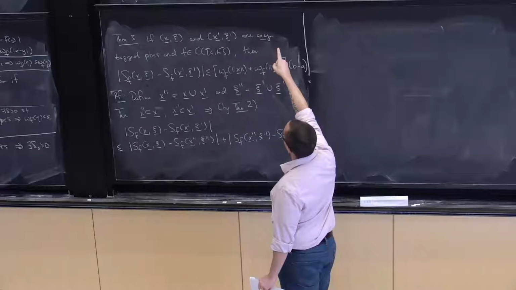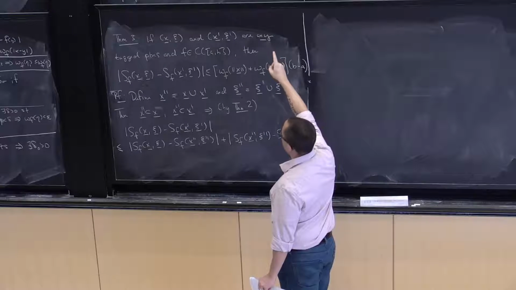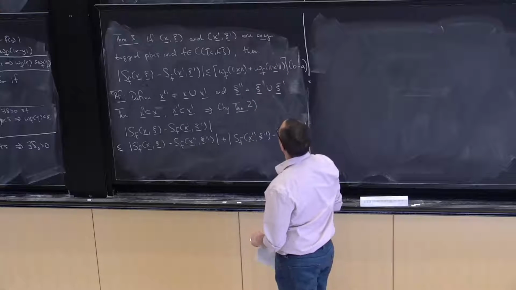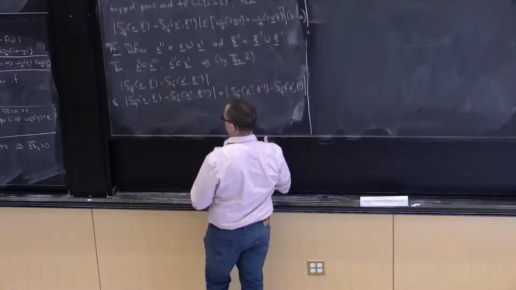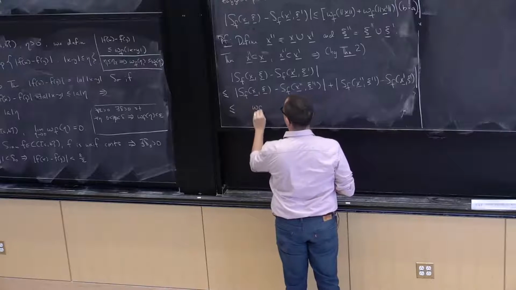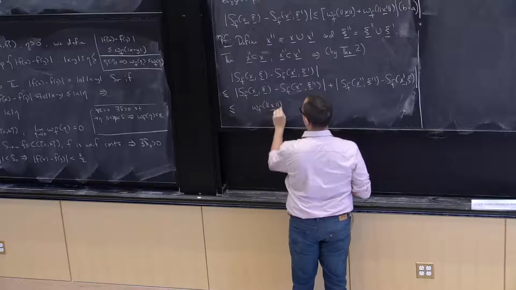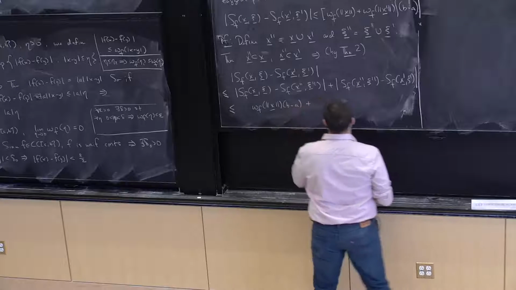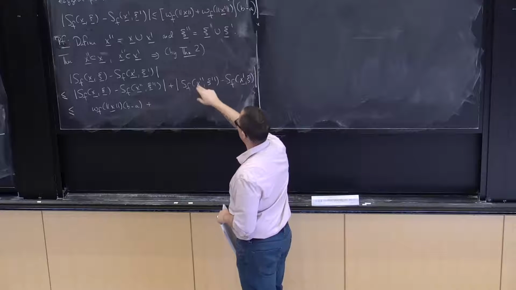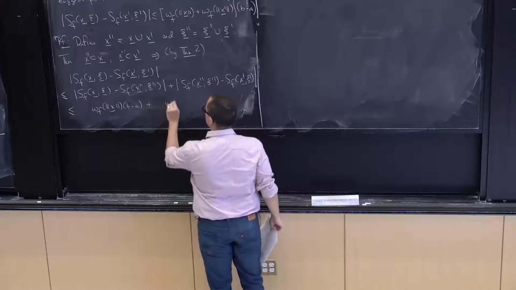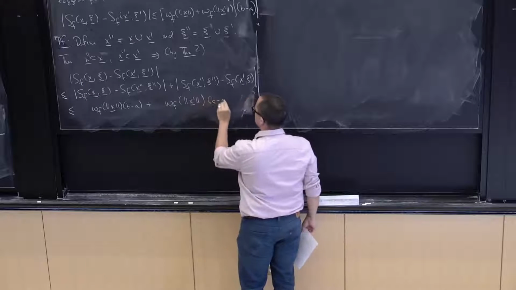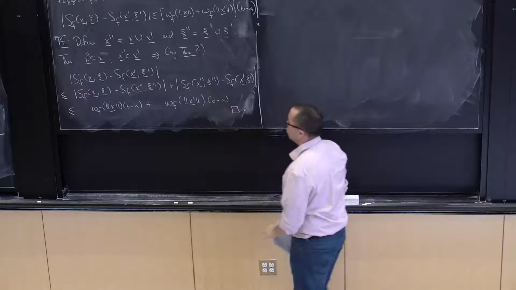What's the modulus of continuity being evaluated at? It's evaluated at the coarser partition. So this one is less than or equal to, since x double prime is contained in x, the modulus of continuity evaluated at x times b minus a. And for this one, x prime is coarser than x double prime, so plus the modulus of continuity evaluated at x prime times b minus a, and that's what we wanted to prove.